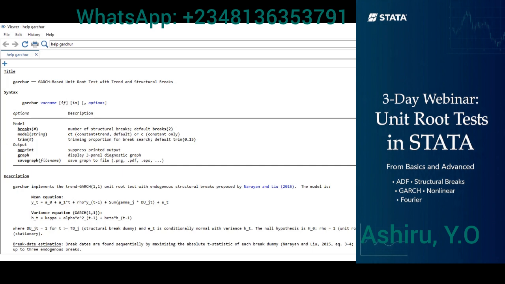That does not mean that results are not reliable all the time, which is why it's always better to compare different tests. If I want to carry out a unit root test, it is better I combine ADF and PP and compare the two. If there's no conflict, I'm good to go. If there's a conflict, I also use KPSS to settle the conflict between the two. By the time I conduct the three tests, I'll be able to decide whether a particular series is stationary or not.